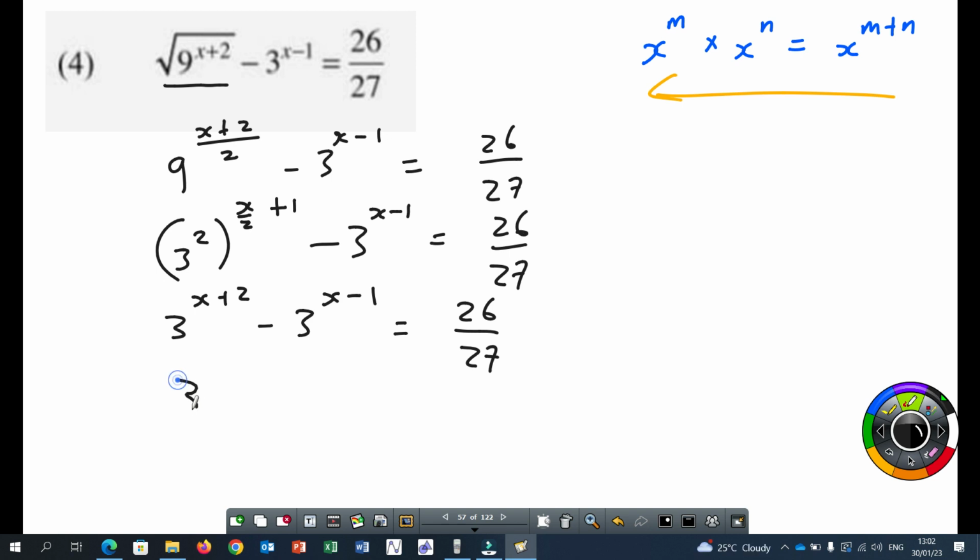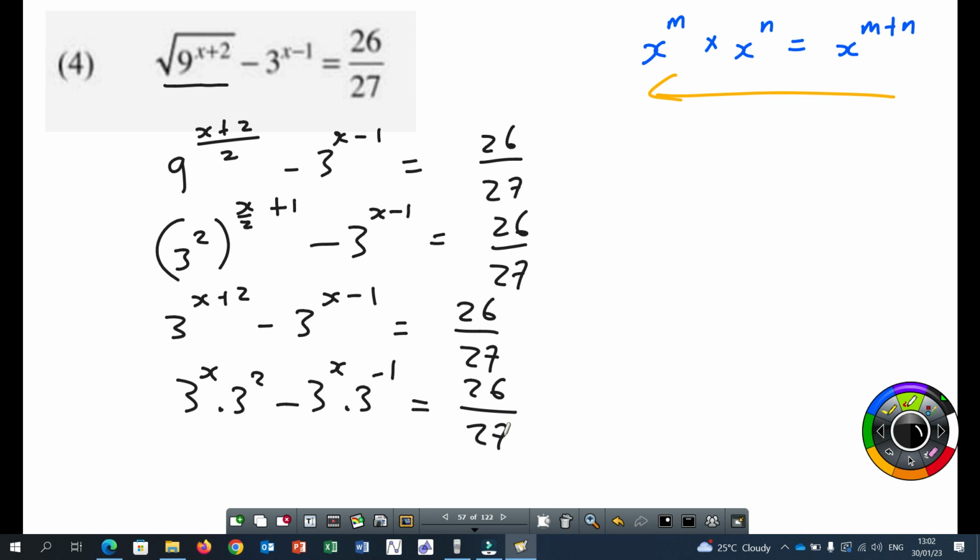Okay? So this will be 3 to the power of x times 3 squared minus 3 to the power of x times 3 to the power of minus 1 equal to 26 over 27. Okay? Now you can see that on the left hand side, we have a common factor.